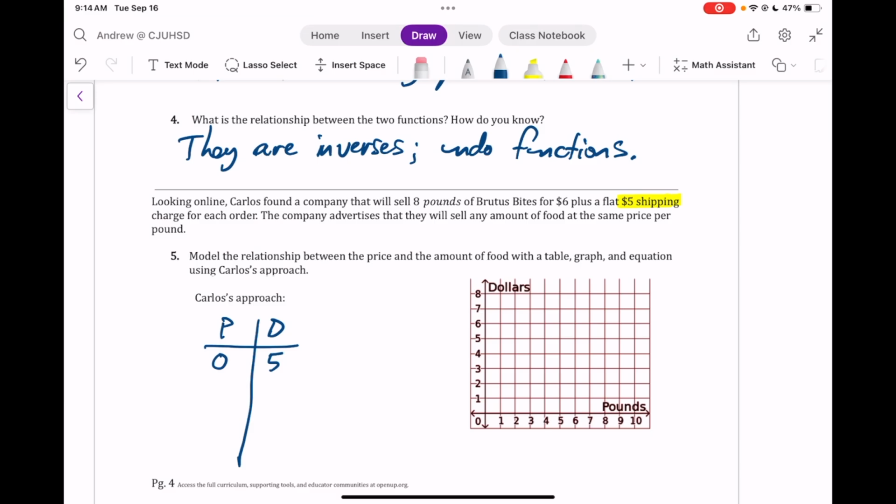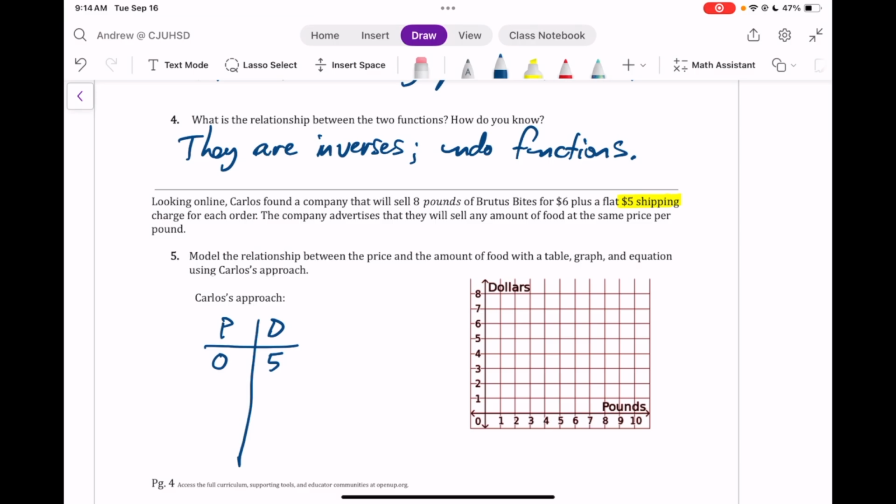And then if we look at $6, we'll sell 8 pounds of Brutus Bites for $6 plus this flat shipping fee.